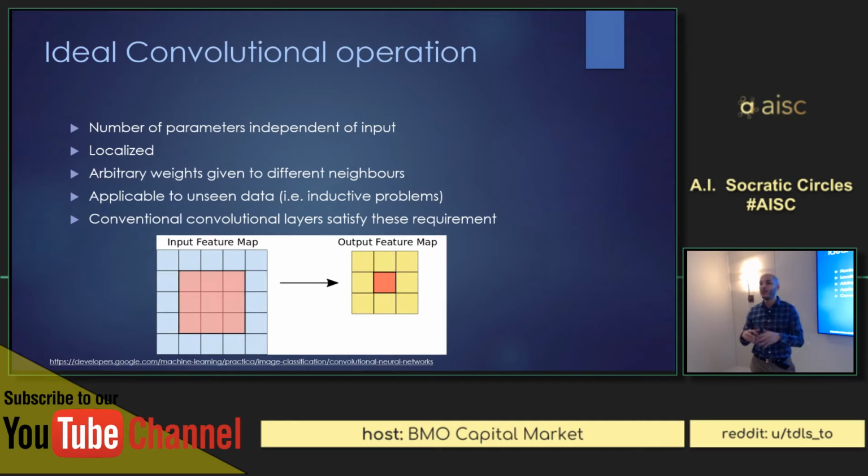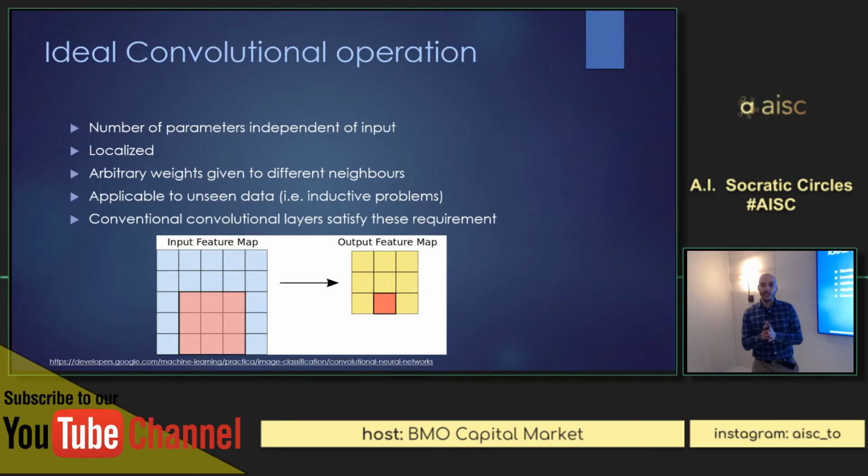Whether you have a graph of 1,000 nodes or 1 million nodes, the convolutional operator has to have a fixed number of parameters. This is very trivial for image convolutions because if you have a 3x3 filter, for every convolution filter, you have 9 fixed parameters. Done. But it's a bit tricky to do that with graphs.